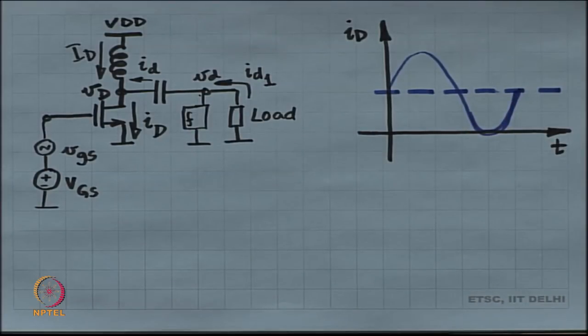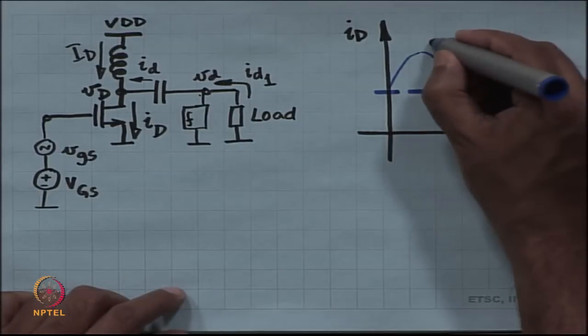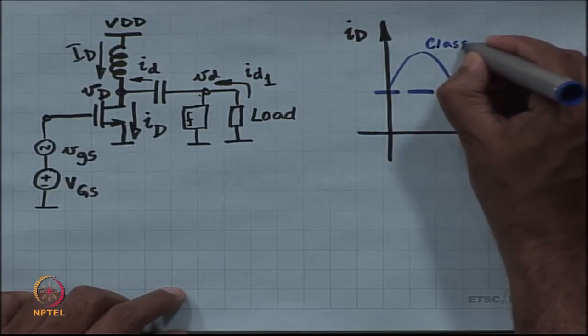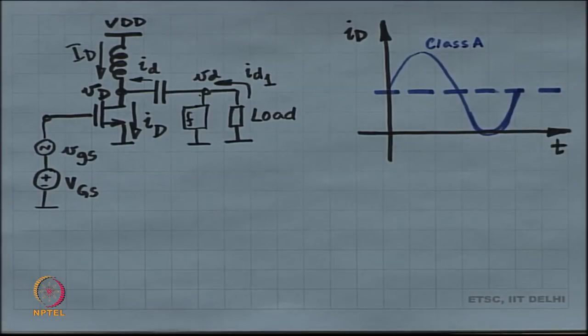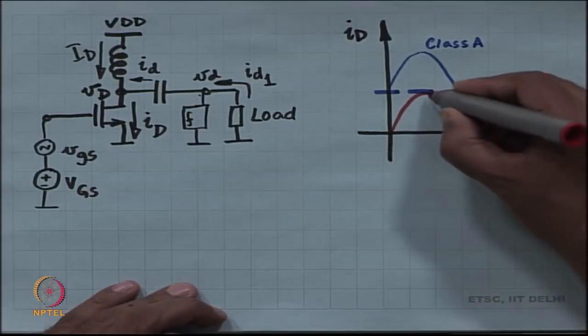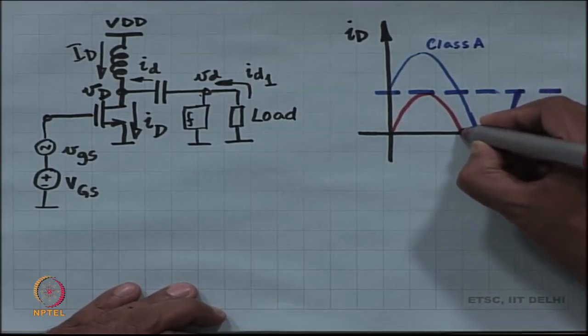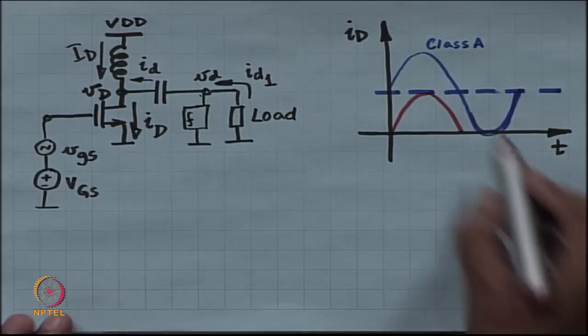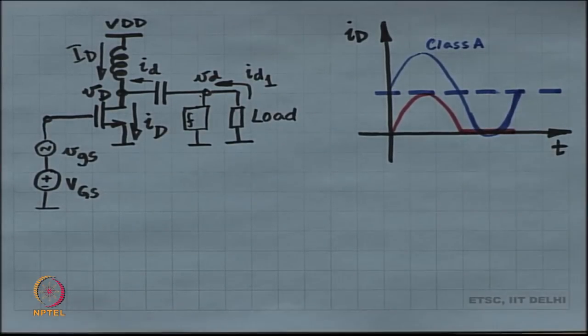This is the best case scenario in class A, right. In class B, you cut off the negative half cycle altogether. All right. So, the conduction angle is just 180 degrees.